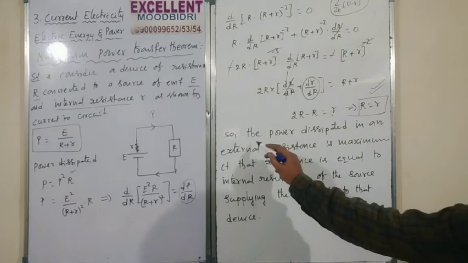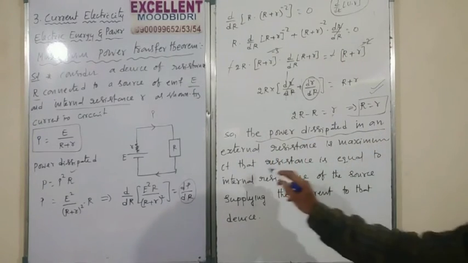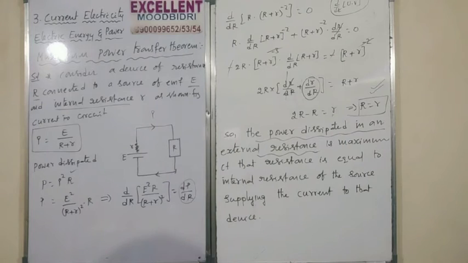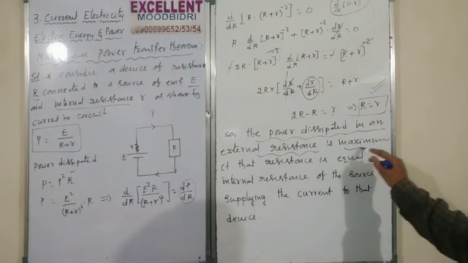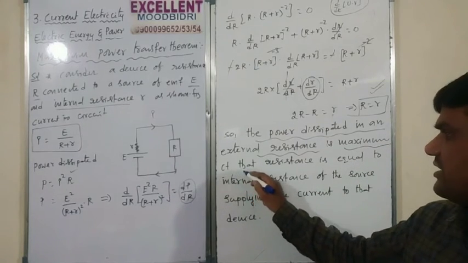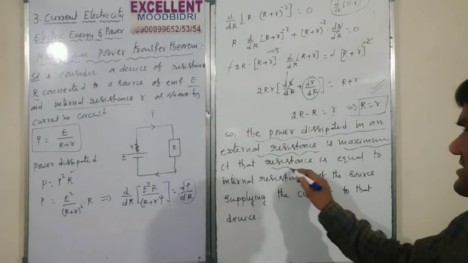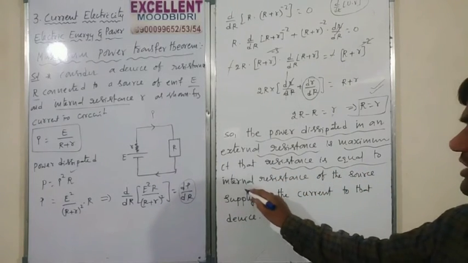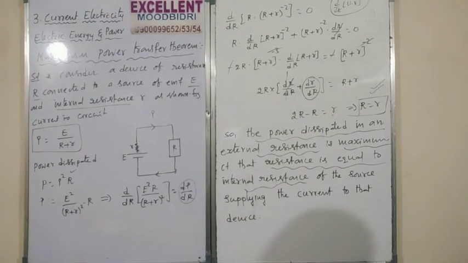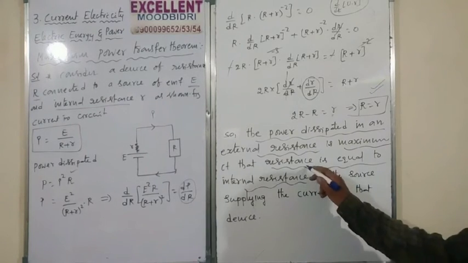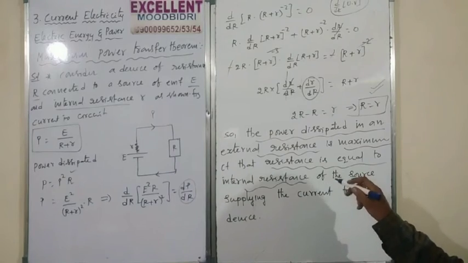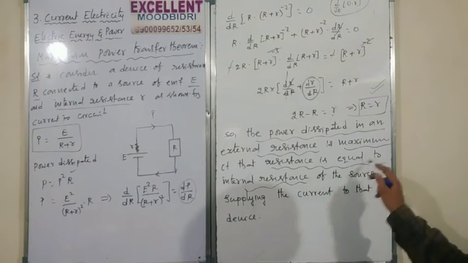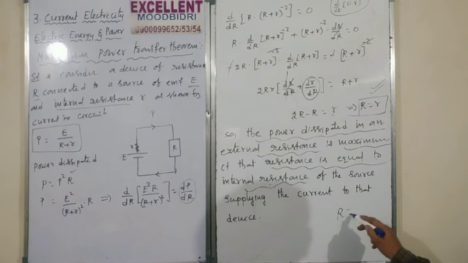Right? That means the power dissipated in an external resistance is maximum if that resistance is equal to the internal resistance. The power dissipated in an external resistance is maximum when the external resistance is equal to the internal resistance, R is equal to small r.